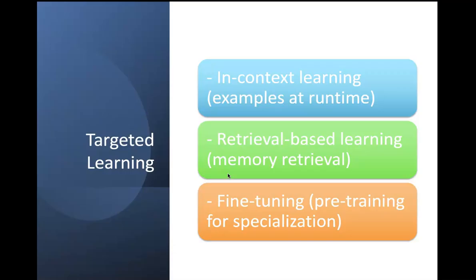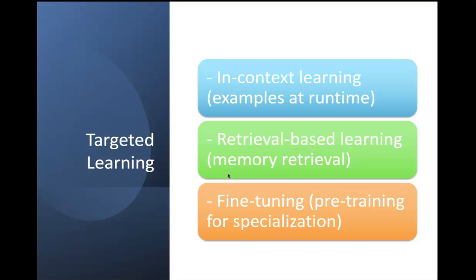Next, targeted learning. What is targeted learning? The name itself is telling that you're targeting something, focusing on something, pinpointing that particular thing and learning that. In the context of an LLM, that is nothing but in-context learning.